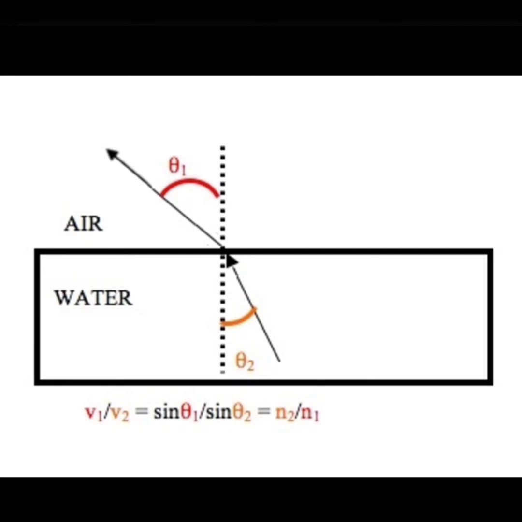This bending of light about the normal, the dotted line, at the point of incidence as it passes from one transparent medium to another is called refraction of light.